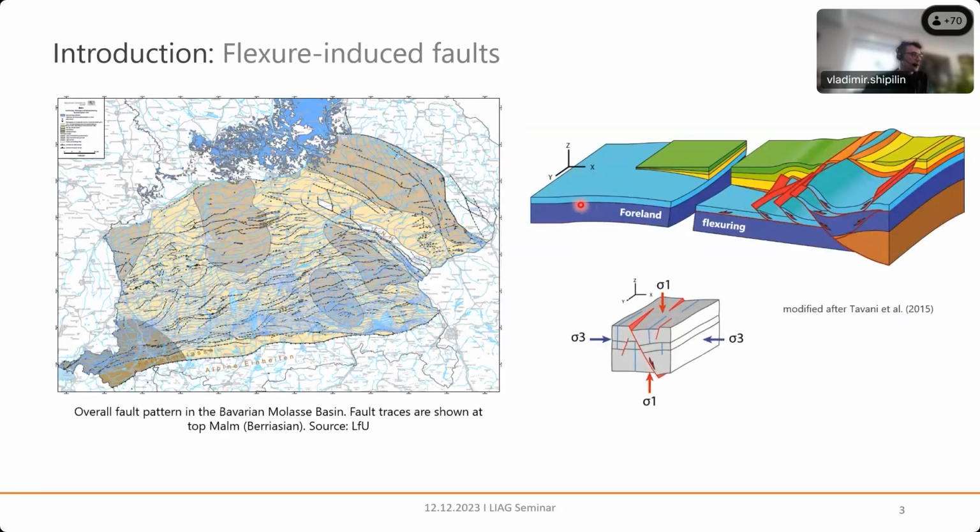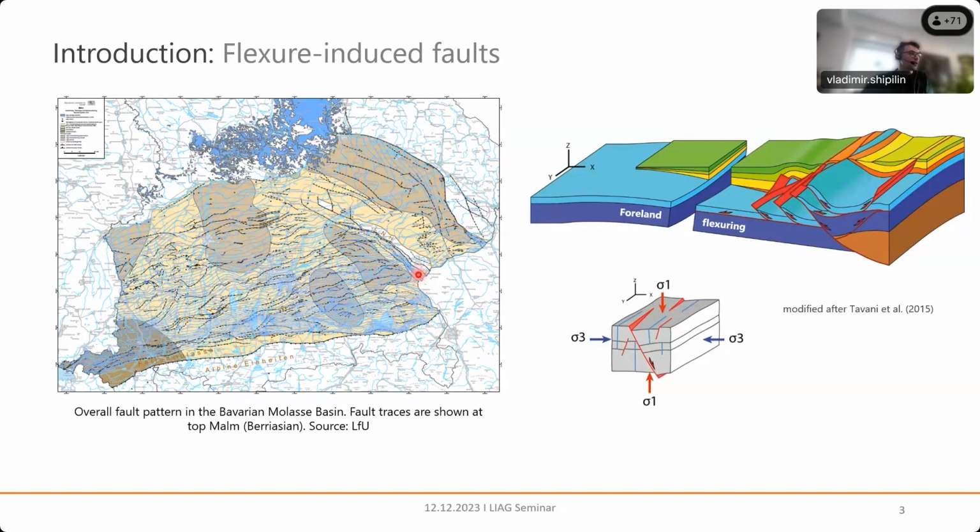Here you see a figure that shows the Bavarian Molasse Basin, which is part of the German Molasse Basin. These traces are the faults that are imaged at the top of the Malm Reservoir from the Geothermal Atlas of Bavaria.